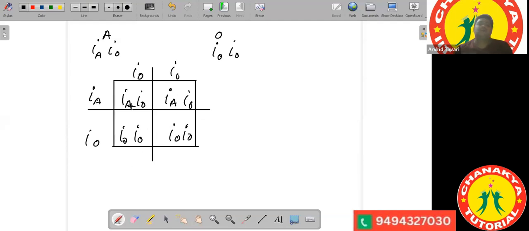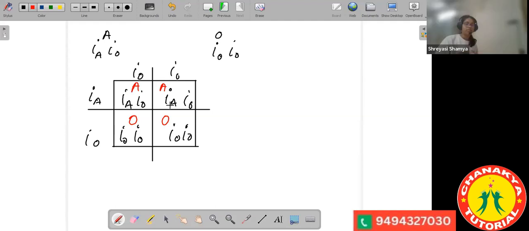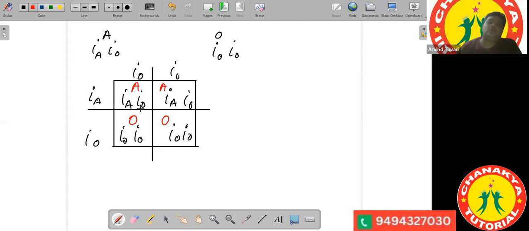So this represents A, this also represents A, this represents O, and this represents O. So 50-50% chances are there. You can have either an A blood group or the O blood group, since out of A and O, A is the dominant one, O is the recessive one.